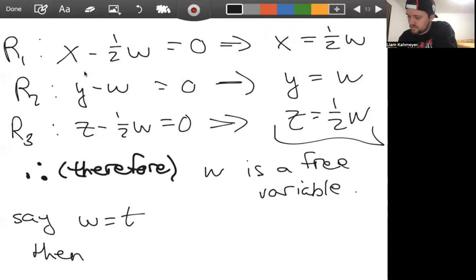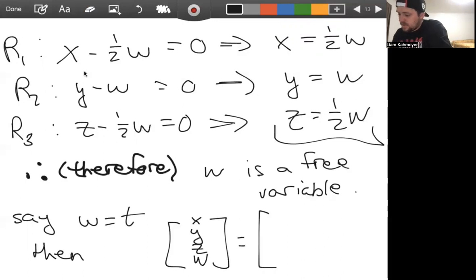Then the solutions x, y, z, w are 1/2 t, t, 1/2 t, and t.